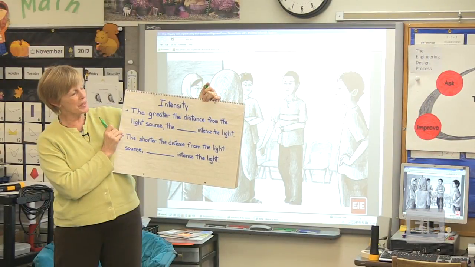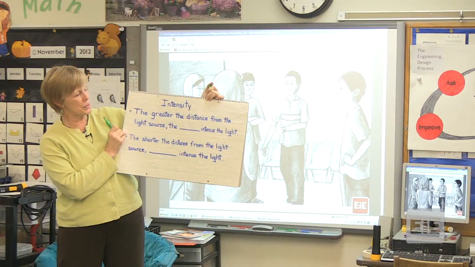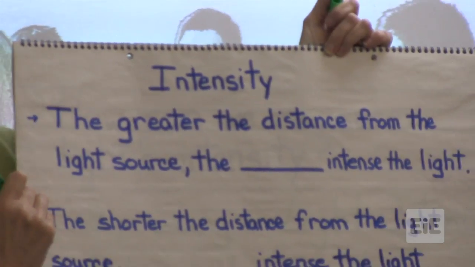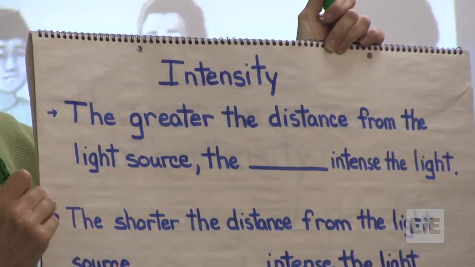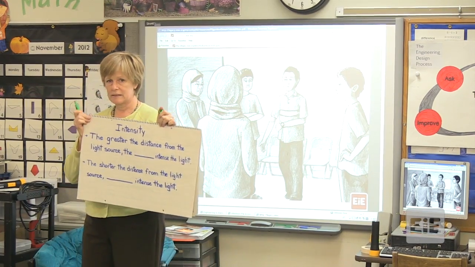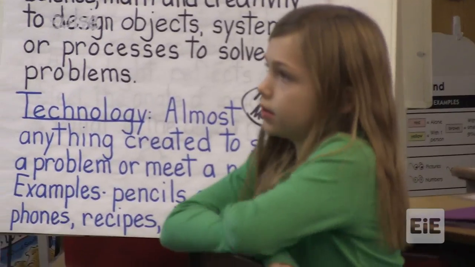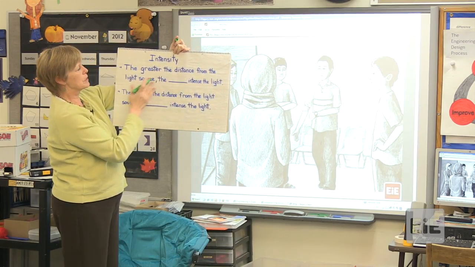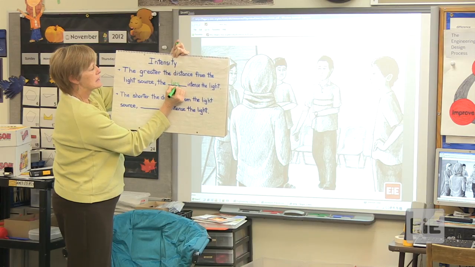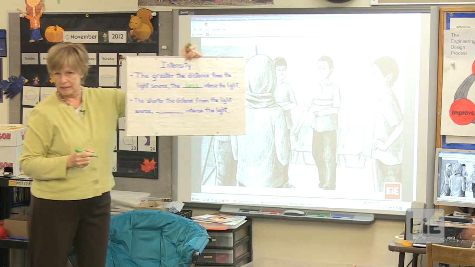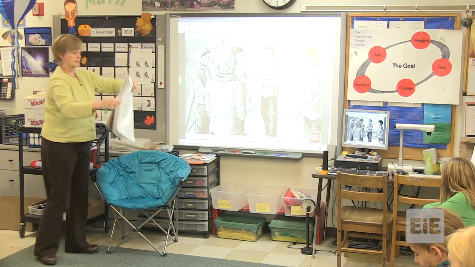So the greater the distance from the light source, the blank intense the light. I'm going to give you a choice of words, more or less. The greater the distance from the light source, the less intense the light is.